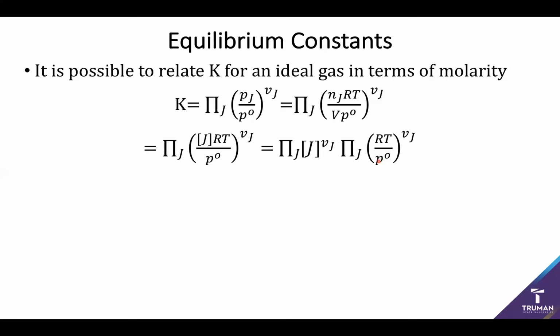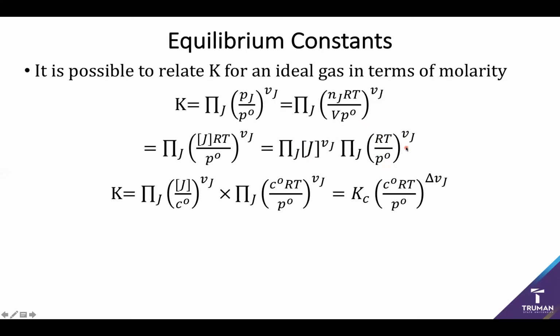Now, one of the issues with working with this is that we end up with a little bit of messiness of units, as we have units on this component and units on this component, where this will be given as moles to the power of the coefficient, and this side will be inverse molarity, coming from the R to the power of the coefficient. So we can correct for this term by simply dividing this term by a standard state concentration, 1 molar, and multiplying this side by 1 molar.